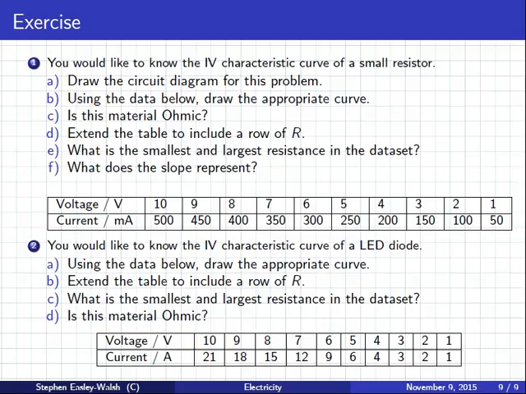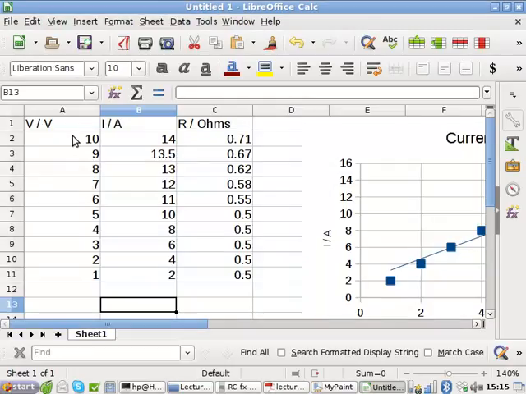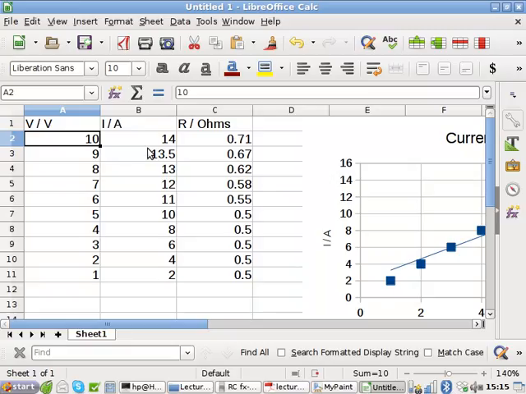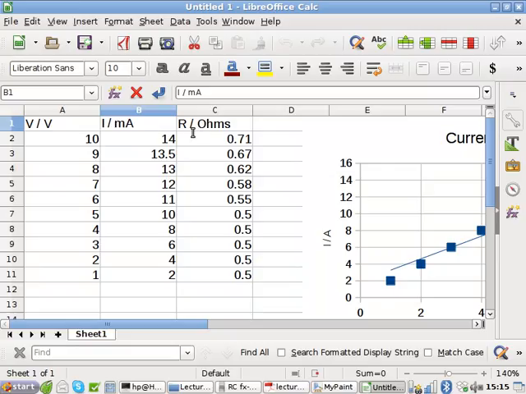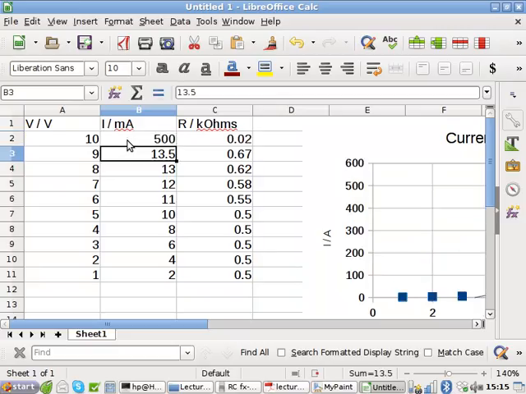Since you all have the first one finished, let's have a look at what you should get for the first one. I'll just go to the program here. What are the voltages? Is it 10 to 1 as well? Yes. And the current is not amps, it is milliamps. So the resistance is not ohms, but kilo ohms. What are the currents, please? The first one? 500. 450.